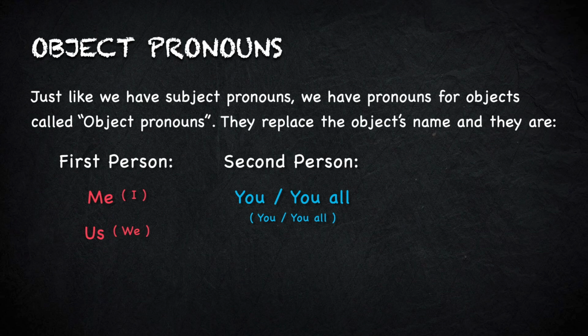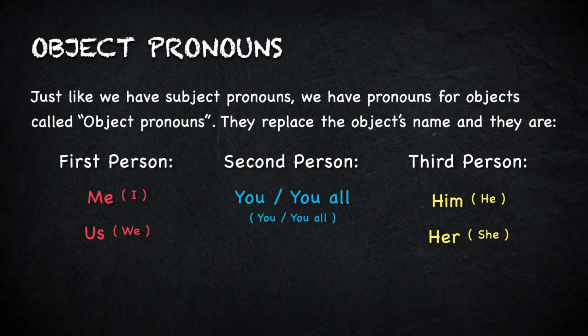It is the same, so you do not need to change it. And lastly, we have him for he, her for she, it for it, the same word, it does not change. And finally, them for they in the third person forms.